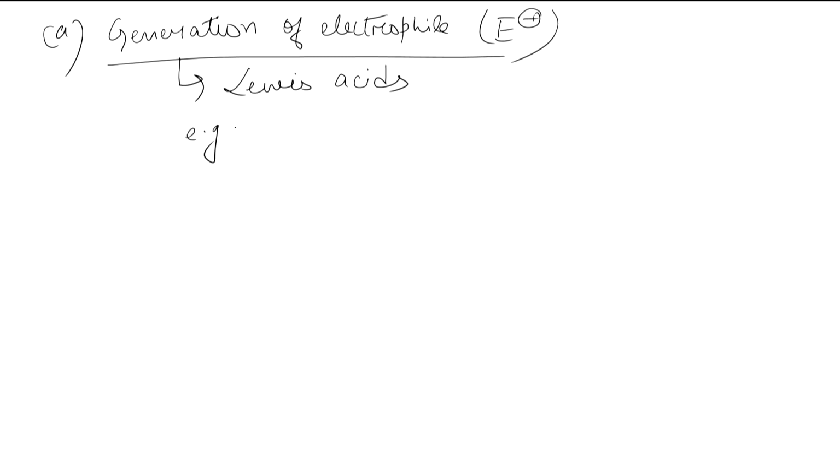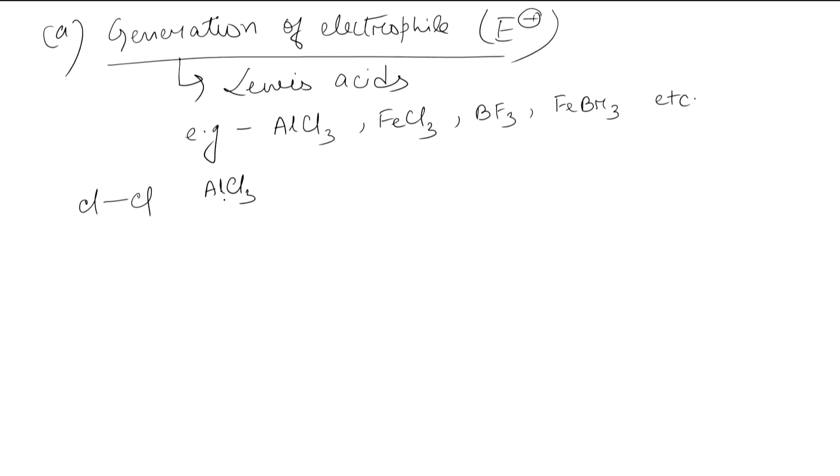For example, aluminium chloride AlCl3, FeCl3, BF3, FeBr3, etc. Okay. So, let's say there is a chlorine molecule and we have AlCl3.